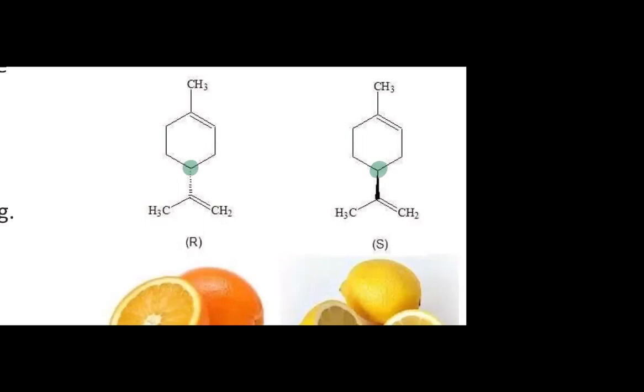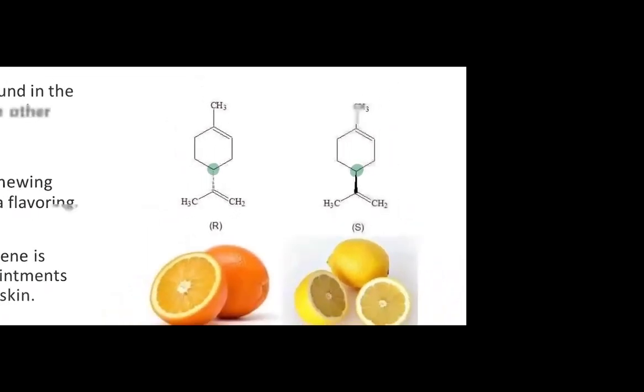The one on the left, we call the R configuration. I'm not going to explain that in detail. You guys don't need to label things as R or S. The one on the right is called S configuration. The simple fact that limonene has these 2 enantiomers, they give different properties. The R configuration on a limonene is what gives you the flavoring of orange.